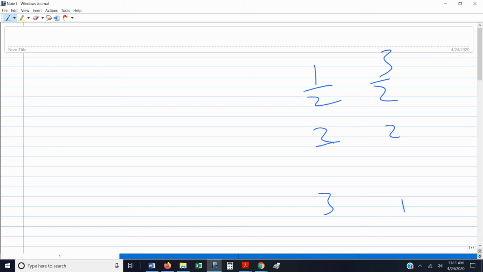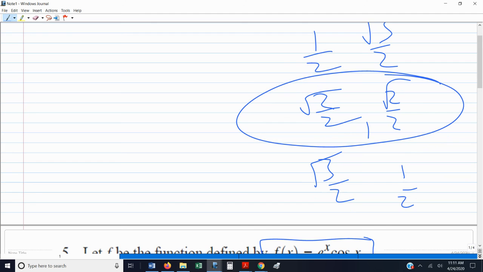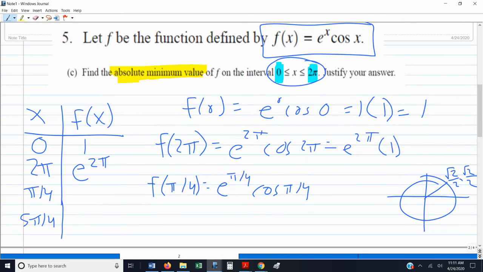All the denominators are 2. All the numerators have a square root, and we're looking at that middle branch. Pi over 4 is the middle branch of the unit circle. So cosine of pi over 4 is going to be that √2/2. So we have e to the pi over 4 times √2/2.